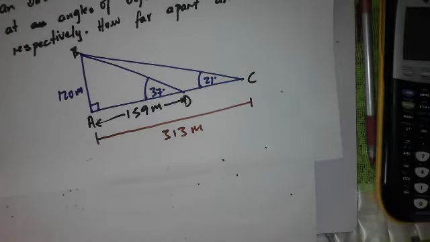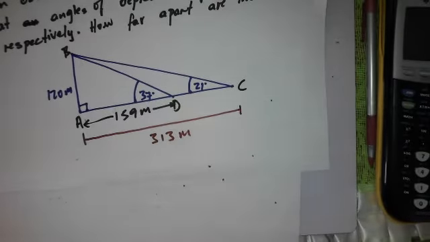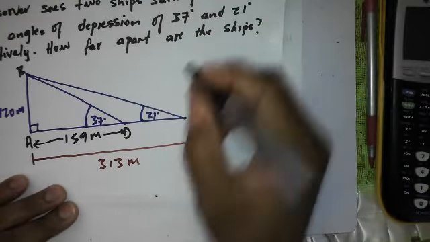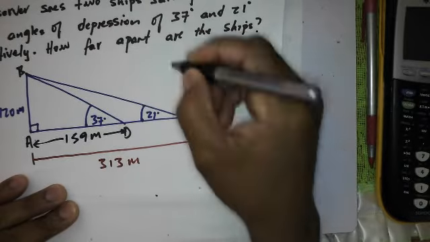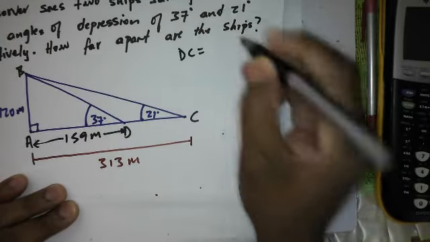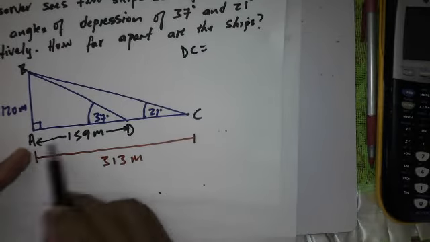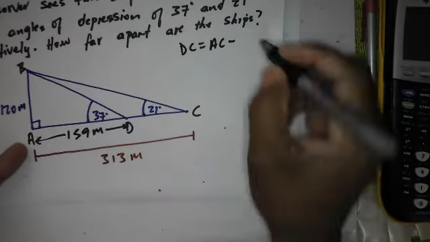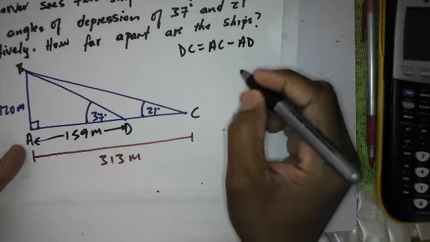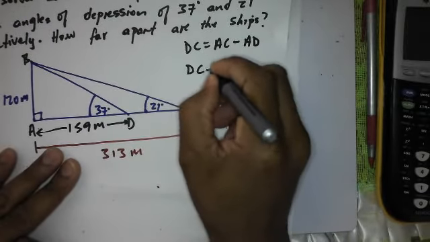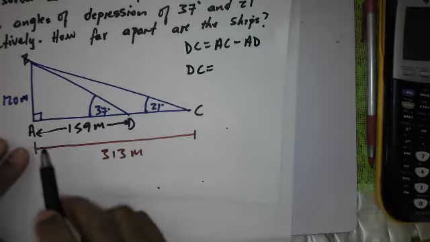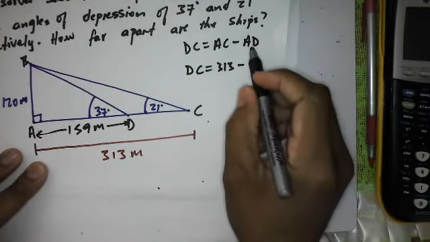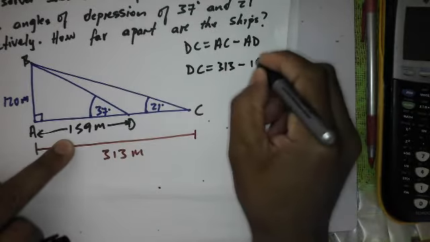So therefore, to find this distance, DC, which is what we want to find, DC would equal this entire distance AC minus this distance here, AD. So DC would equal AC, which is 313, minus AD, which is 159.